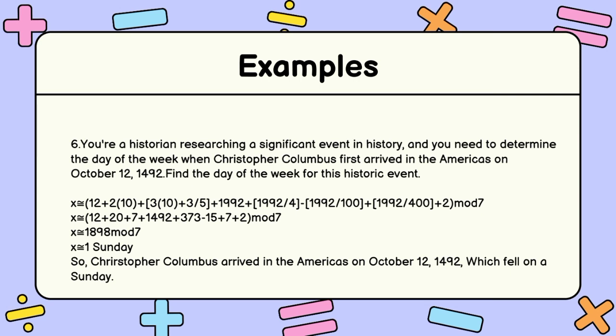And the year is 1492. Using Zeller's congruence, we're going to solve this. The answer is x is congruent to 1. So it falls on Sunday. So Christopher Columbus arrived in America on October 12, 1492, which fell on a Sunday.